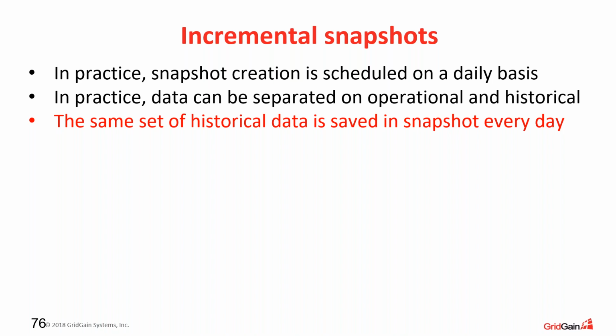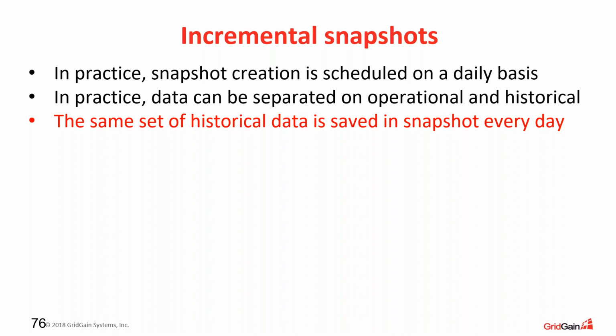And some small amount of data is operational and changes regularly. For example, when you have an accounting system, the current state of accounts is the operational data set, and the history of account actions is historical. So the point is that the same set of historical data is saved in a snapshot every day. And that's not good.